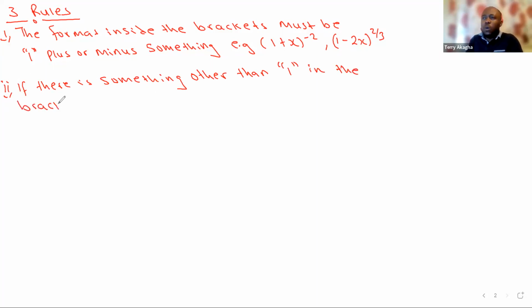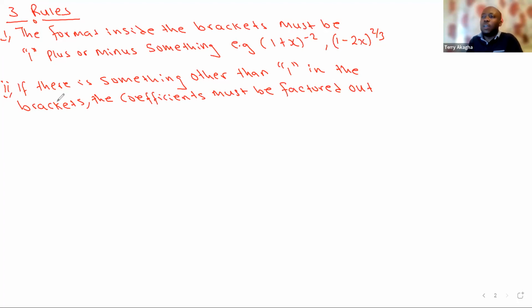What you have to do then is factor it out. So that means the coefficient, that is the number you're having there, must be factored out. So you must factor the coefficient out.